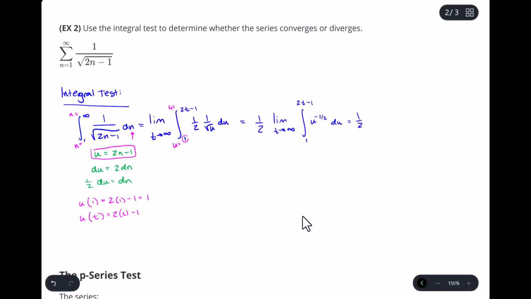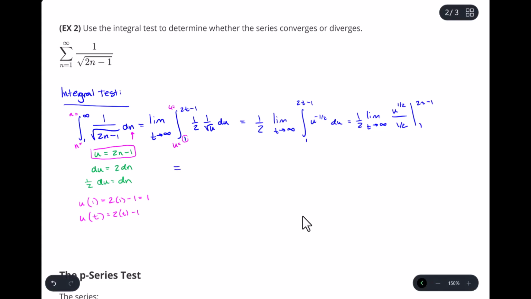When I integrate that, I'll add 1 to the negative 1/2, so that'll be u to the positive 1/2 over 1/2 between 1 and 2t minus 1.